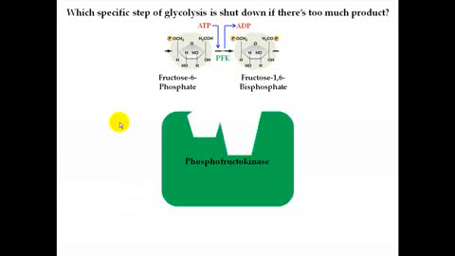Here's a molecule of phosphofructokinase. The reactants, in other words the substrates, for phosphofructokinase in this reaction are fructose 6-phosphate and ATP. And then the products are ADP and fructose 1,6-bisphosphate.